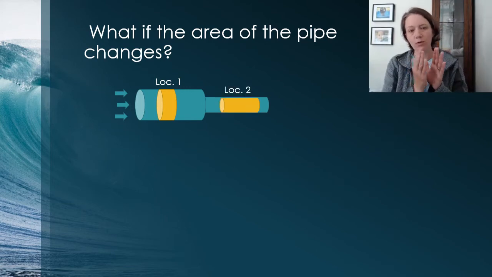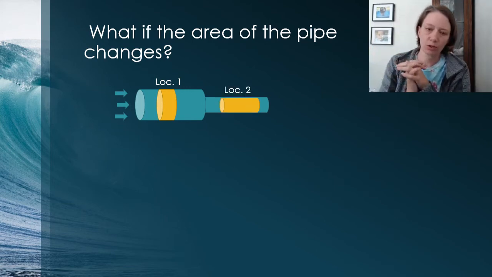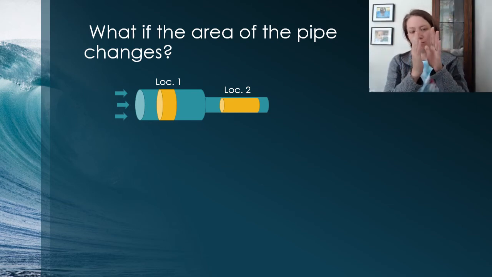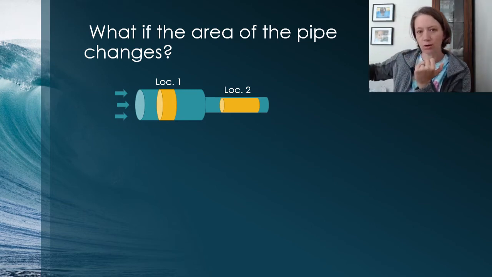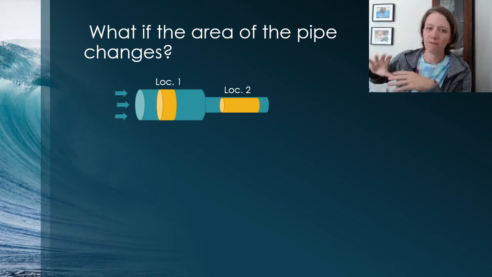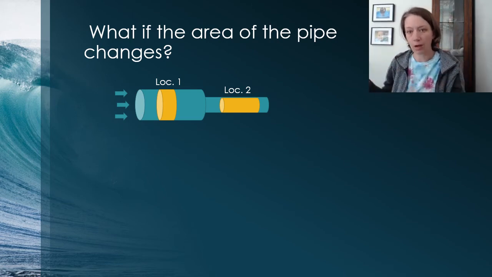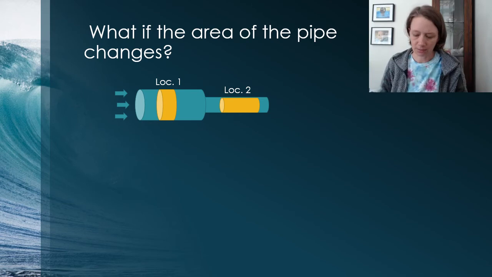So when that fluid moves to the narrower portion of this pipe, location 2, instead of being a fat, thin slice of this pipe, it's now going to be a much longer, narrower slice of the pipe so that we can fit the same amount of mass through the pipe no matter what location it's in.